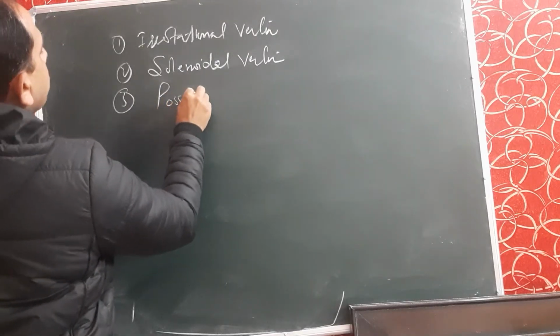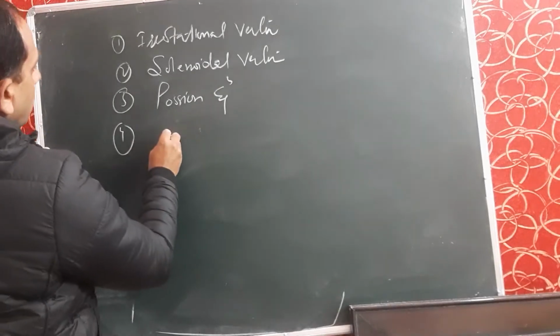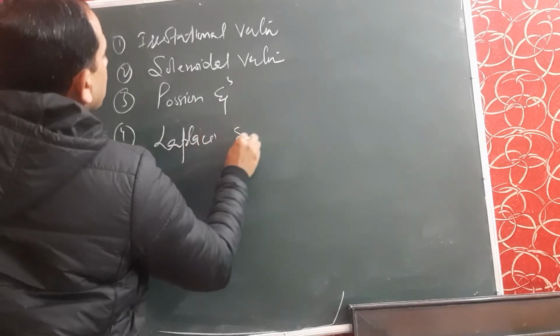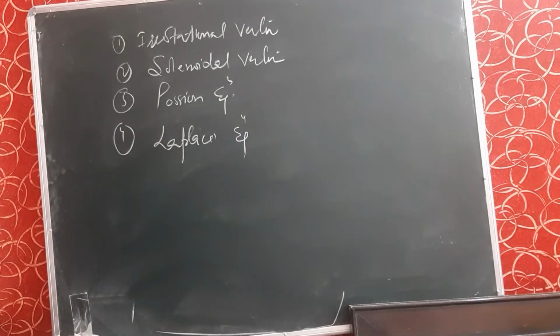Third is Poisson equation, and fourth one is Laplace equation. These are some special terms which we will use in our book, in our chapter.